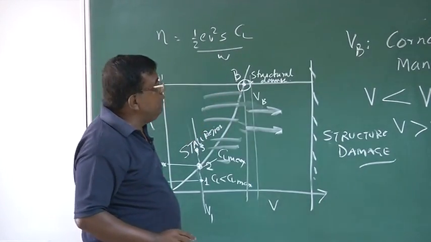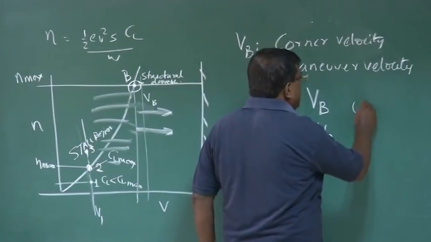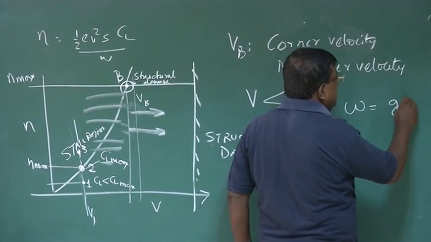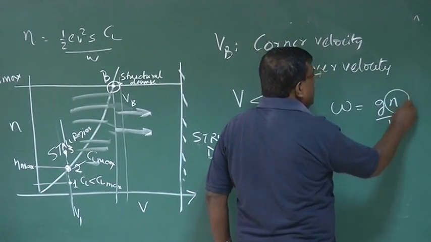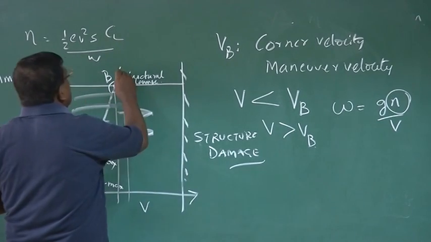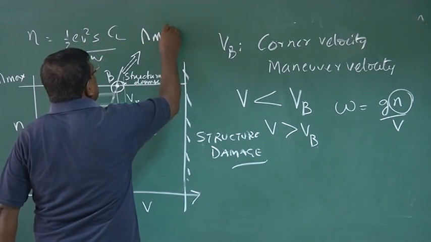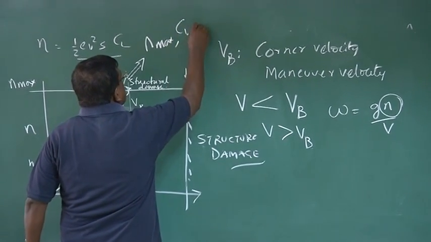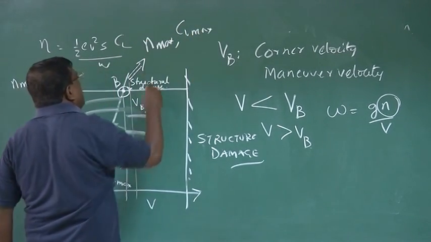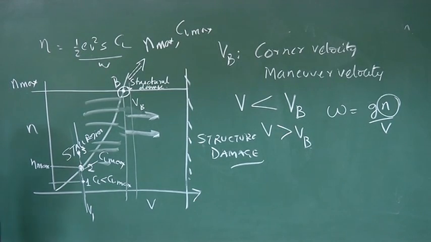Also, it is interesting to know that, as you know, omega is some g n by V. So at this point, you could see very simply that eta or N is max and also CL max, right? Okay, N is max and CL also max.